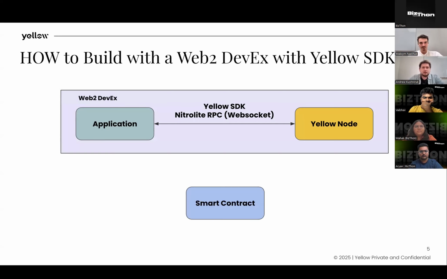What do we have on the bottom? On the bottom, we have our smart contract. When we need finality or a dispute occurs, we go on chain. That's where the state channel logic lives, and a state channel we can think of as a private ledger between two participants.